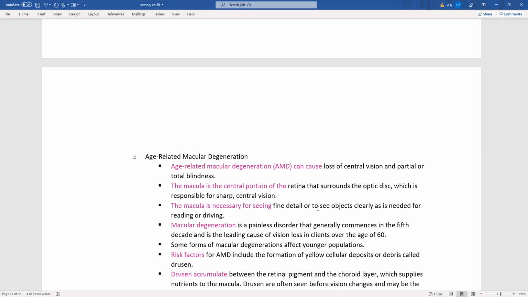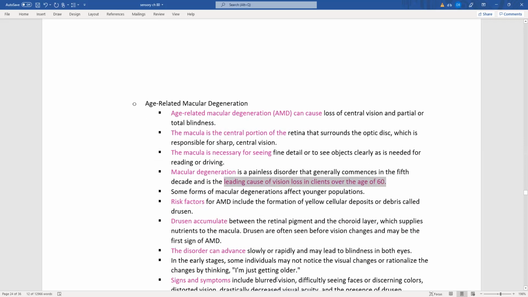Some forms of macular degeneration affect a younger population. So we said leading cause of vision loss in clients over the age of 60. The risk factors for AMD, age-related macular degeneration, include the formation of yellow cellular deposits or debris called drusen. You may have to know that.